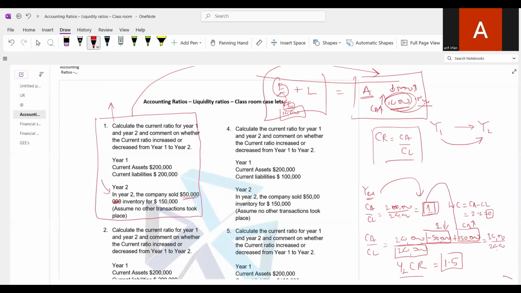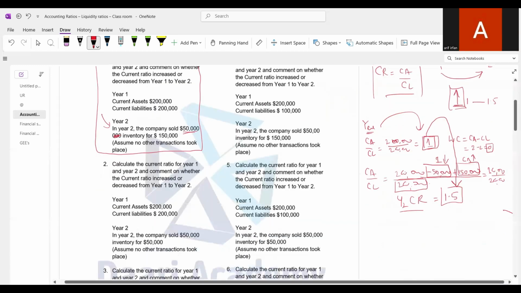Year 1, 1; year 2, 1.5. So increase or decrease? Increased. Good sign or bad sign? Good sign. Excellent. Now see question number 2.